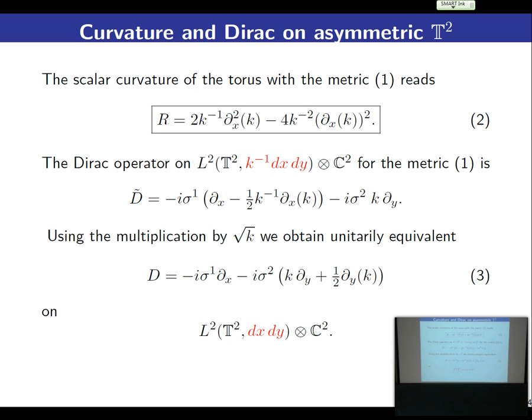It's better to pass to one and the same Hilbert space just by multiplying by the square root of k. This kills the measure factor, but transforms a little bit the explicit form of this Dirac operator, into this one. So it looks similar, except this derivative jumped to y instead of x.